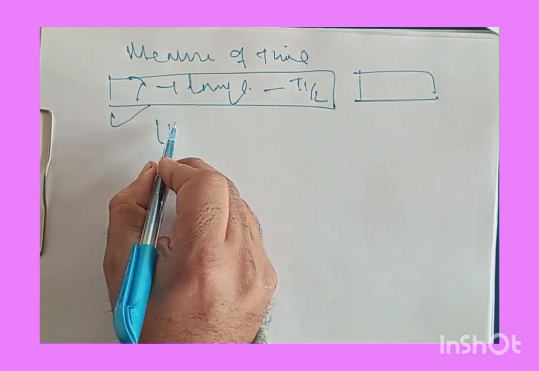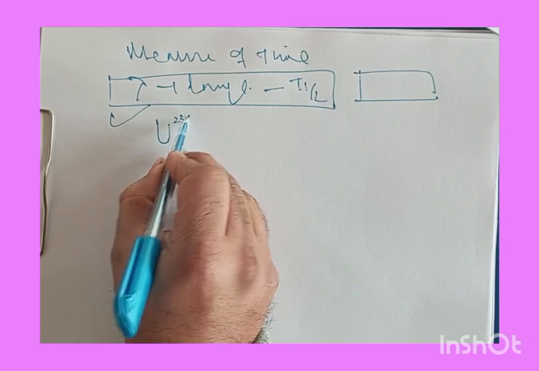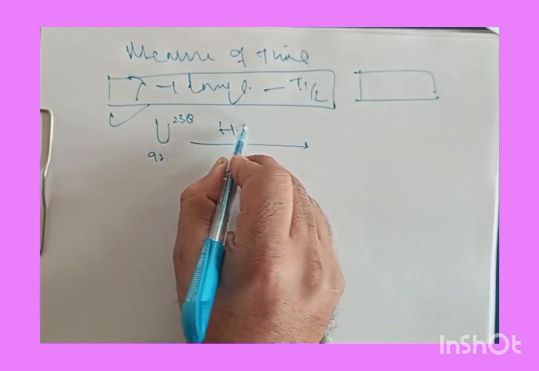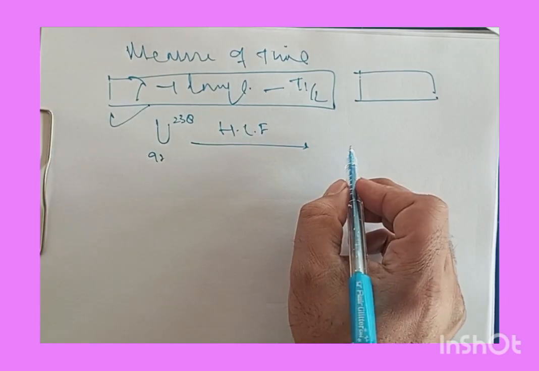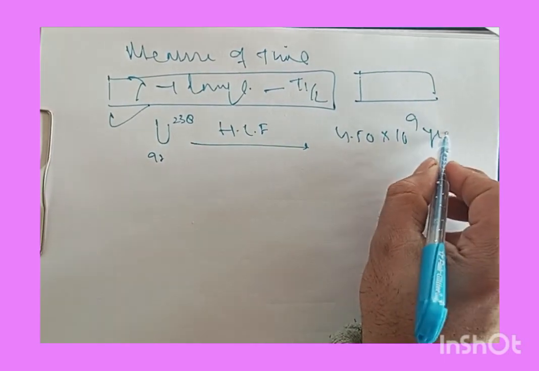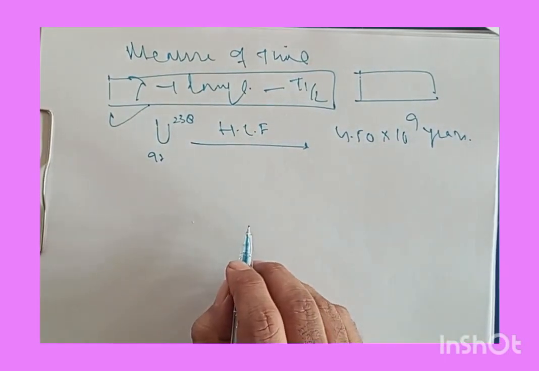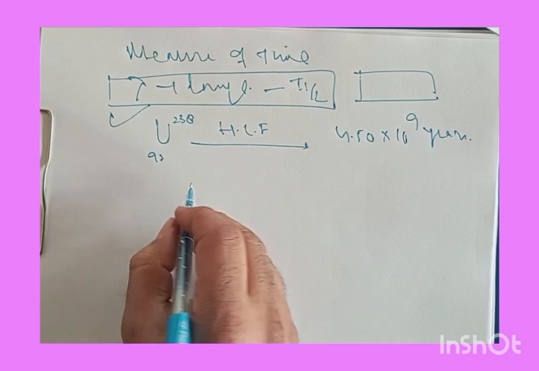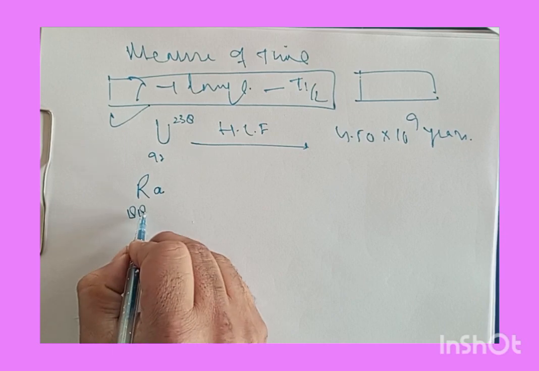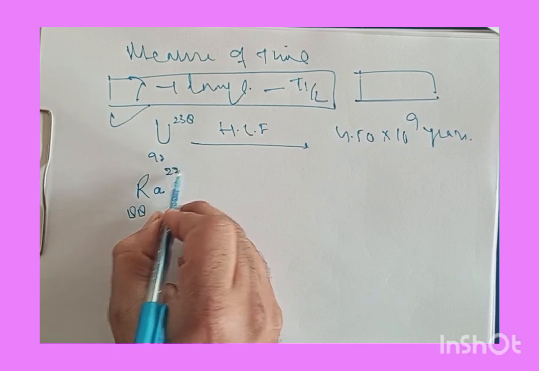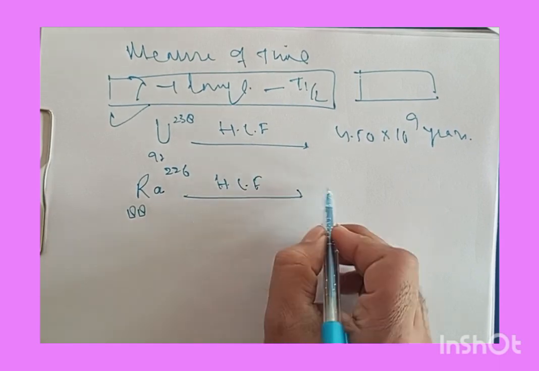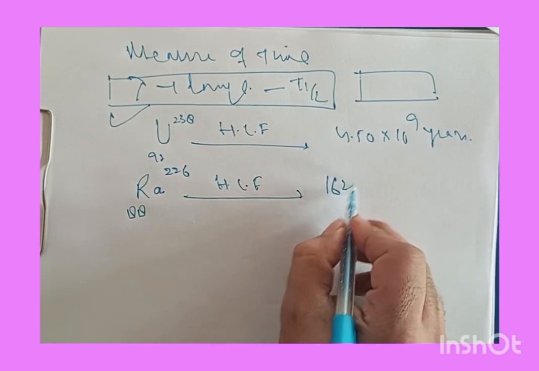And there we can take some examples. Suppose uranium. If I take uranium with mass number 238 and atomic number 92, its half-life is 4.50 times 10 to the power of 9 years. And if I take radium, with atomic number 88 and mass number 226, the half-life for radium is nearly 1620 years.